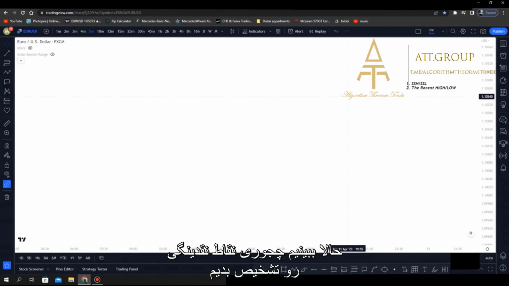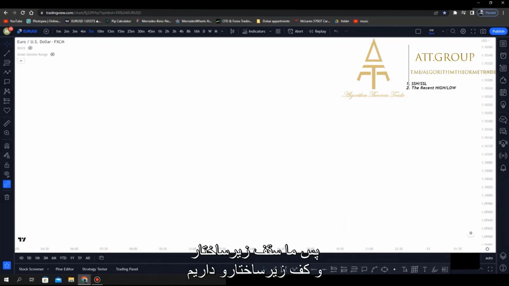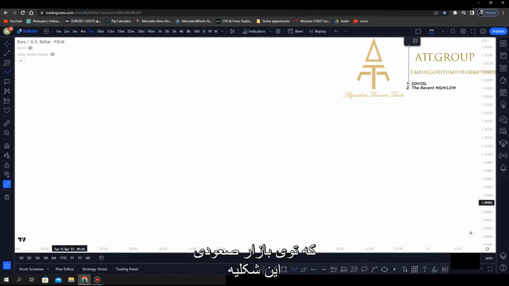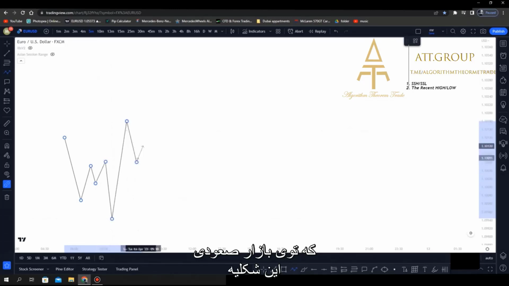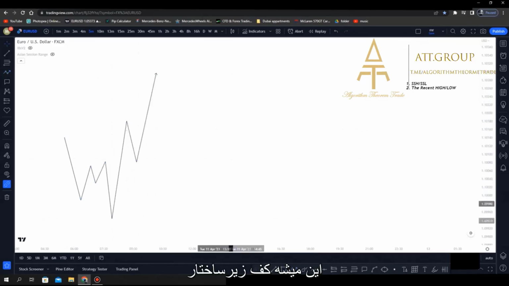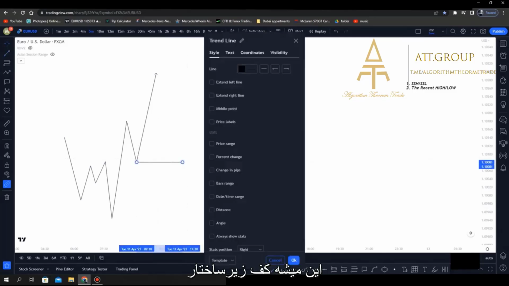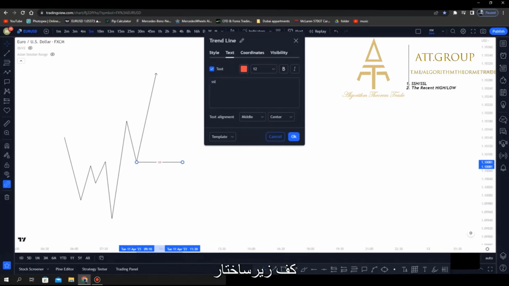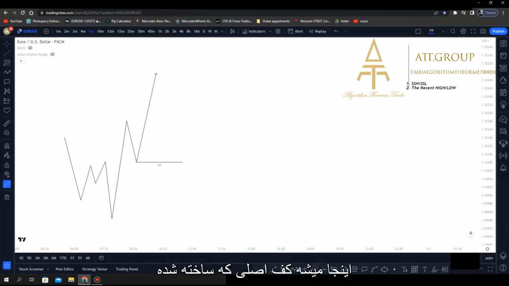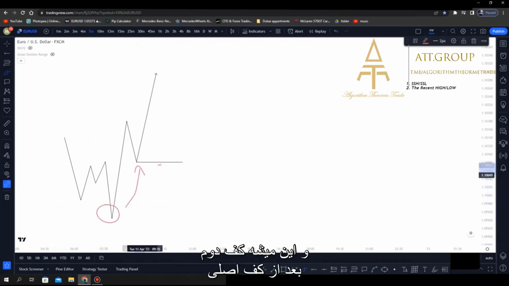We have the substructure high or substructure low, which in a bullish market looks something like this. This is the substructure low, right here, because this is the main low that was created, and this is the second low after the main low.